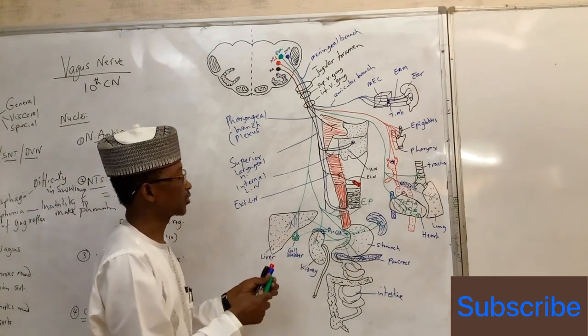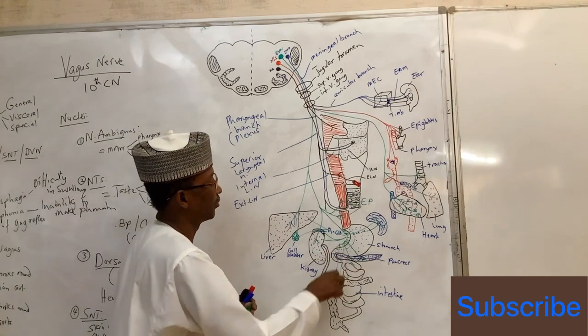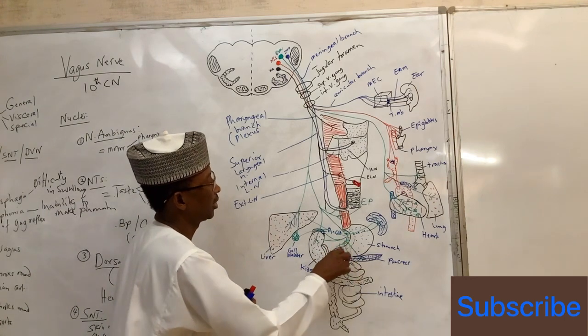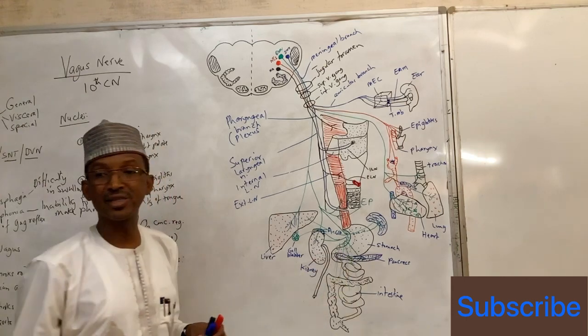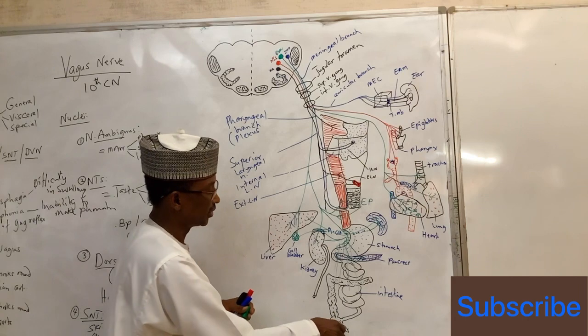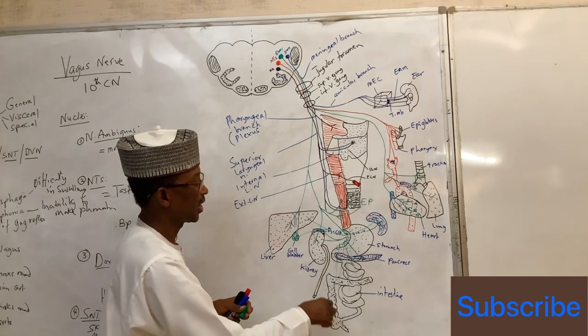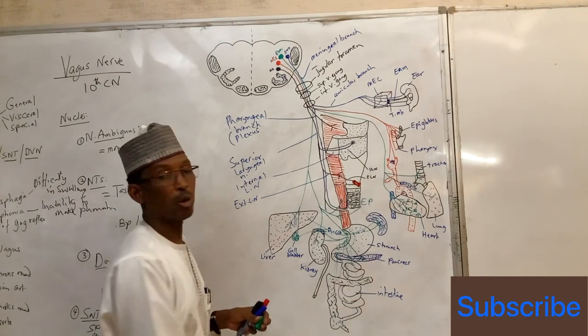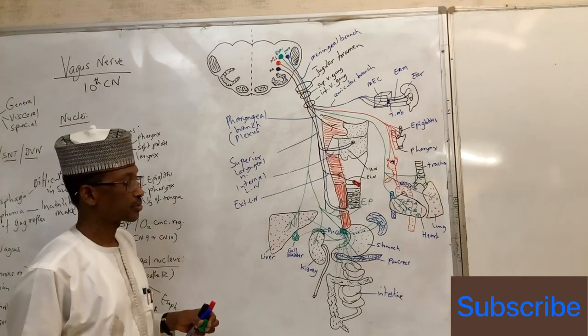Similarly, the fibers from the anterior division of this vagal nerve supply the entire small intestine, the appendix, the cecum, ascending colon, and some part of the transverse colon.